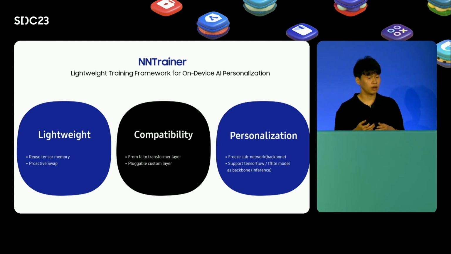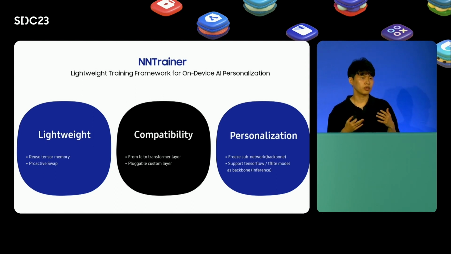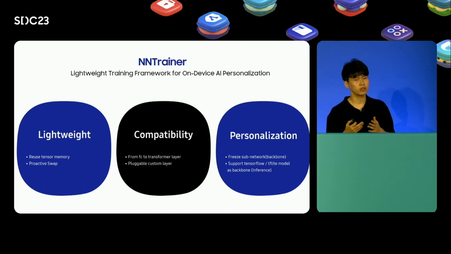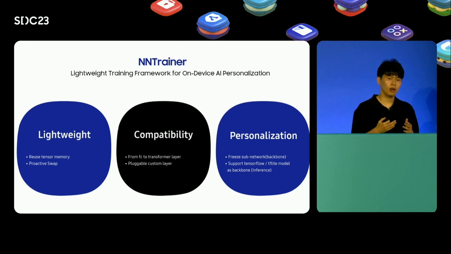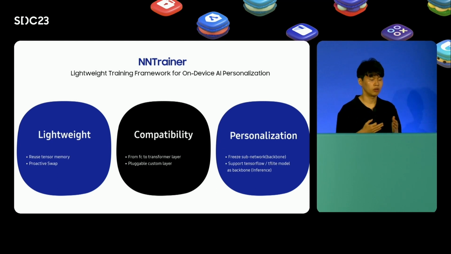NNTrainer is a lightweight training framework for on-device AI personalization. The most significant challenge when you train models on the device is memory consumption. So NNTrainer mainly focuses on reducing the peak memory consumption. NNTrainer supports various layers, from fully connected layers to transformer layers.